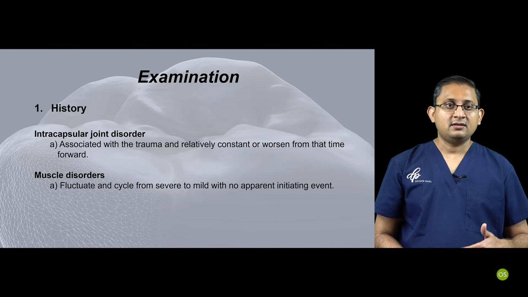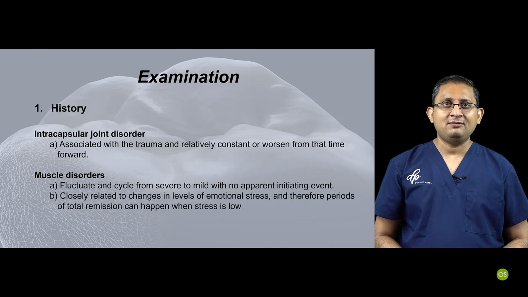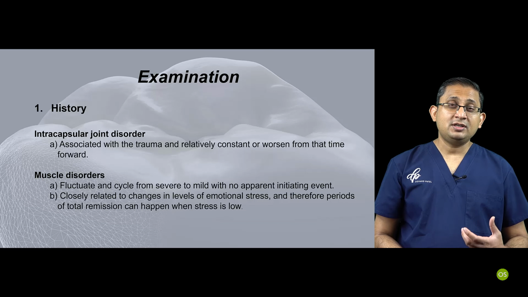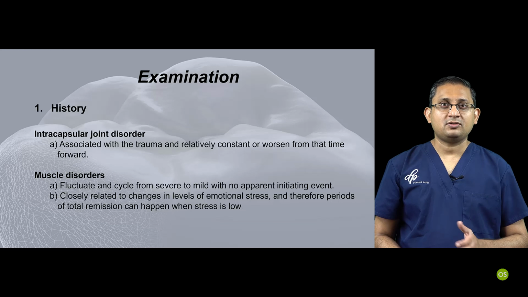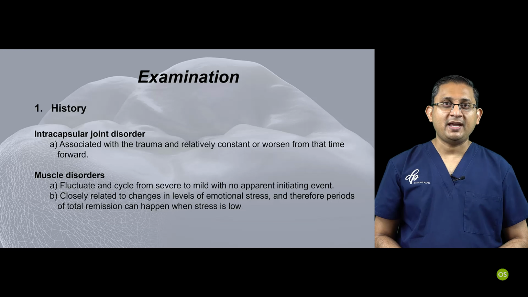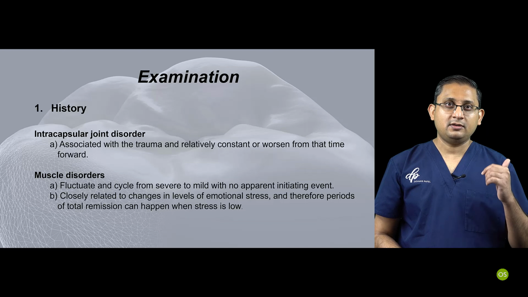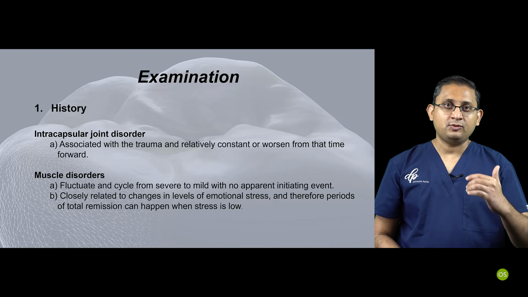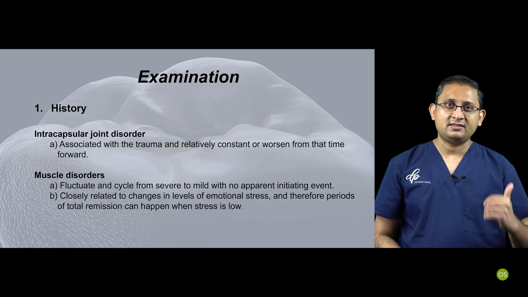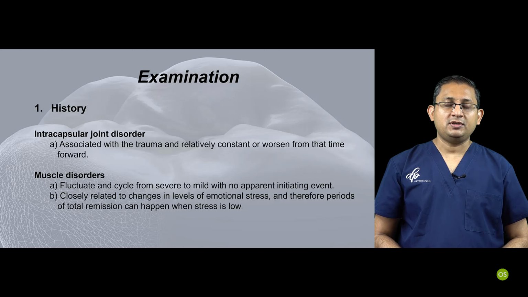It could get severe to mild without any initiating event, and it is closely related to the stress or emotional stress of the patient. So it fluctuates, whereas the intracapsular pain, if it's related to trauma, then the patient gets trauma and it gets worse and worse and worse, and there is a definite start point when it comes to intracapsular joint pain.